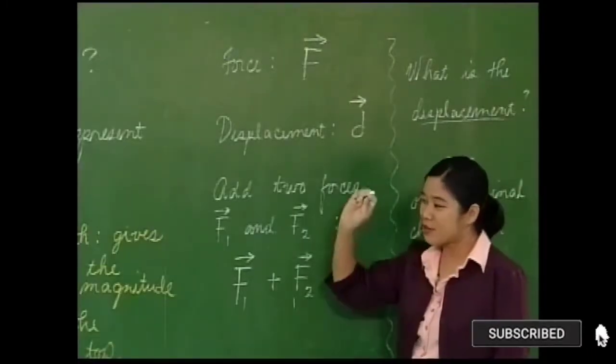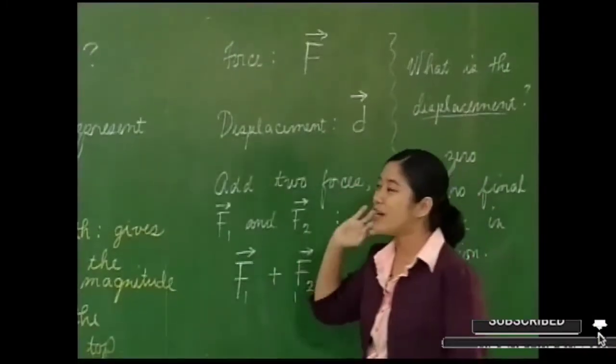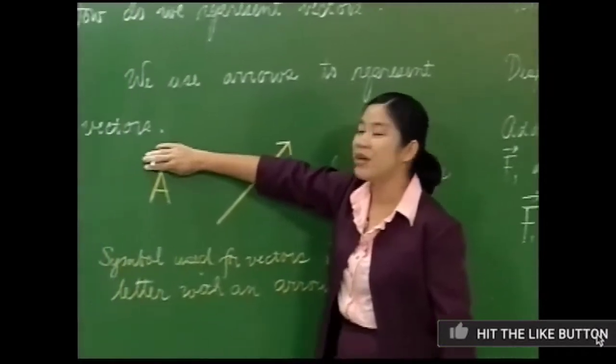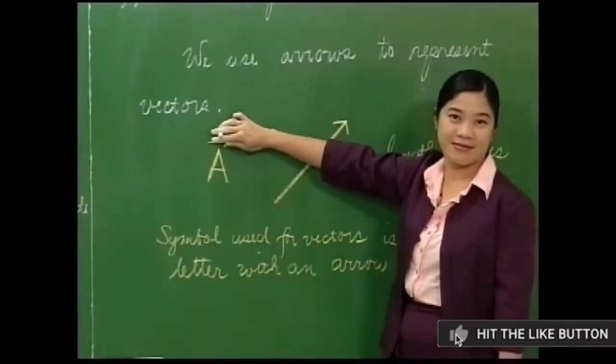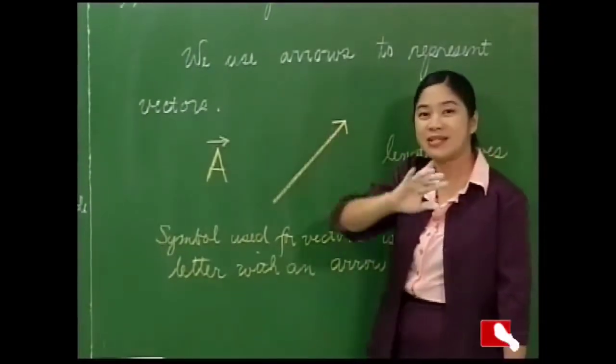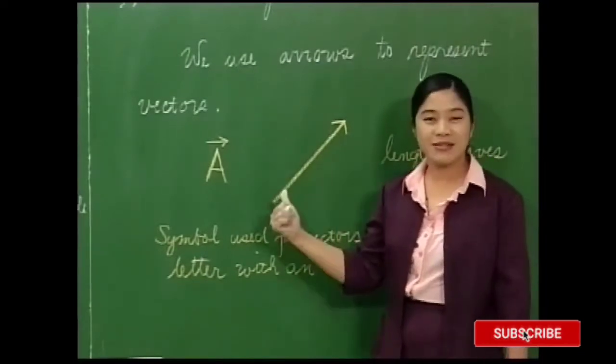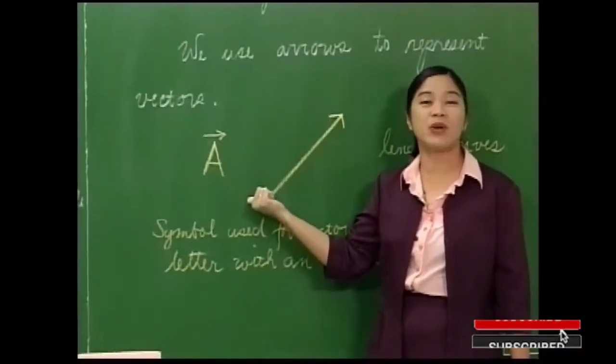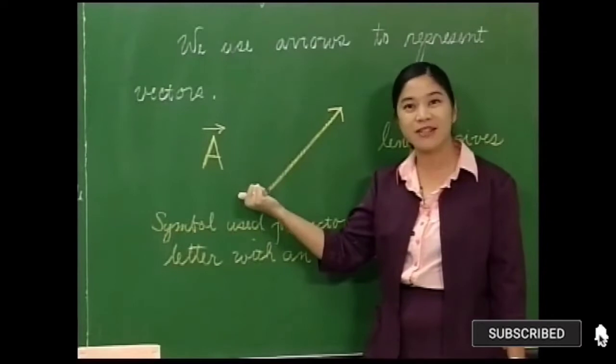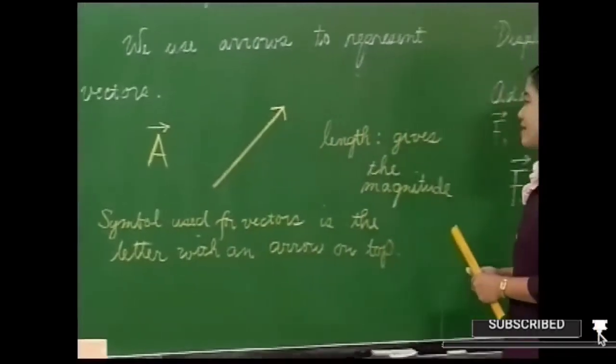So please do not forget this, because once you take away the arrow, it becomes a scalar. And later on, you will see that vectors are really very different. The way we combine them will be different from the way we combine scalars.